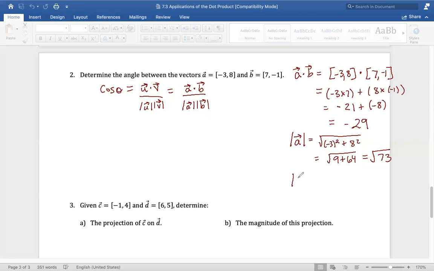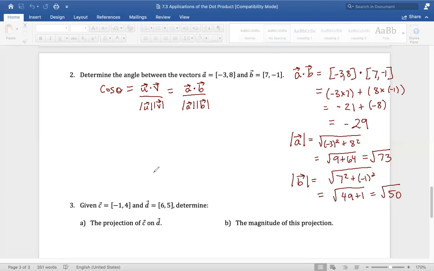And then the magnitude of B would be equal to the square root of your horizontal component, or x squared, plus -1 squared. So that would be 49 plus 1, which just equals the square root of 50. And again, you'll see why I leave it like that.